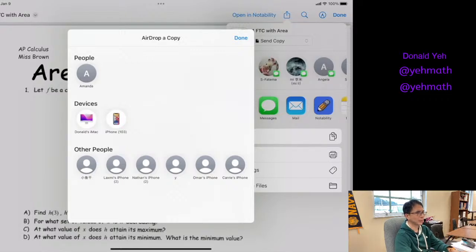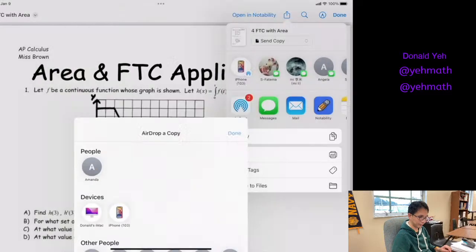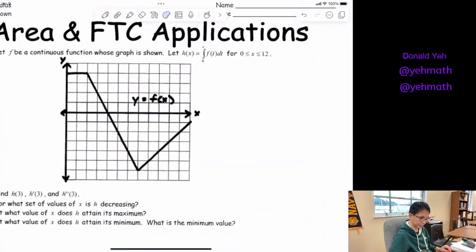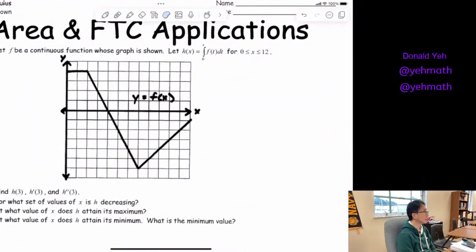What kind of VPN do you have? It's a skill issue. Julissa, I don't see your phone. He sent it. Oh, okay. Who sent it? I don't know, I appreciate it.